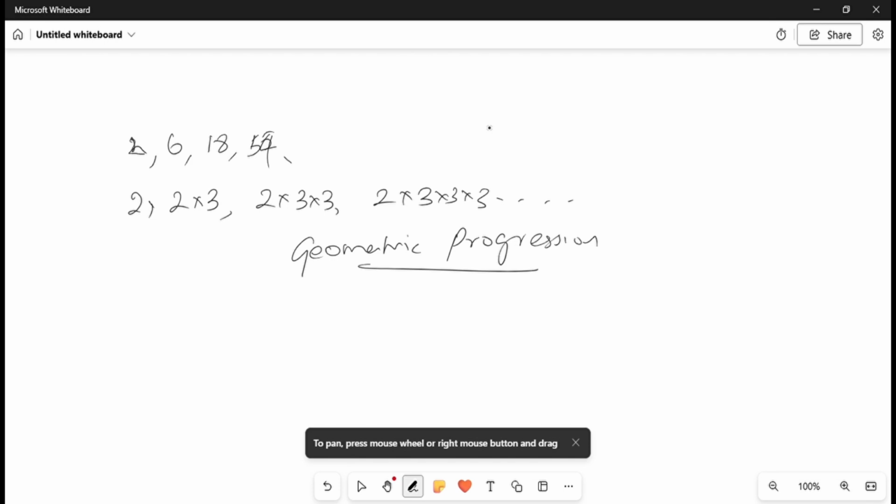So normally we write a geometric progression like this. If the first term is A and the common ratio, the number which is multiplying or dividing, is called R. So A is the first term, common ratio R. The second term will be A times R. Third term will be A times R into R, that is AR squared.